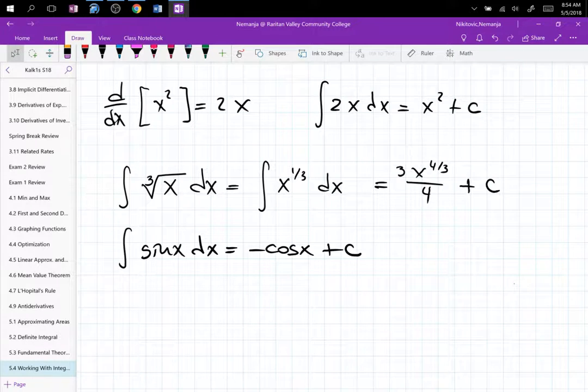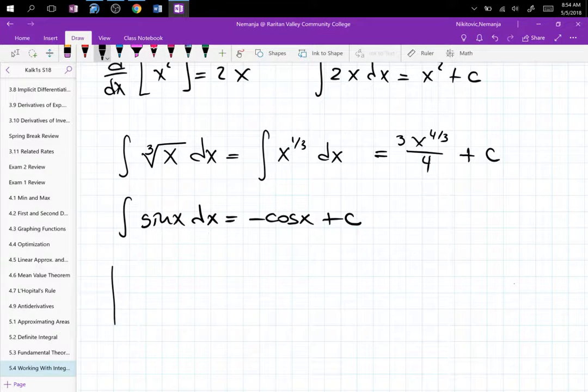And then we moved to the idea that you can use integration to calculate area under the curve.